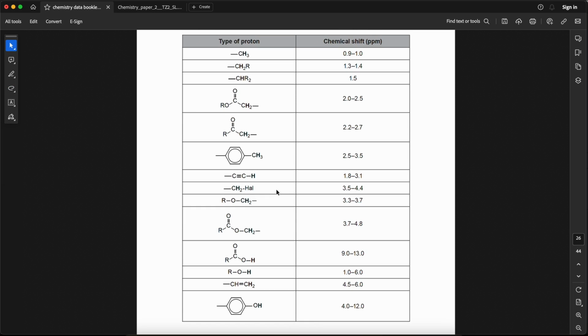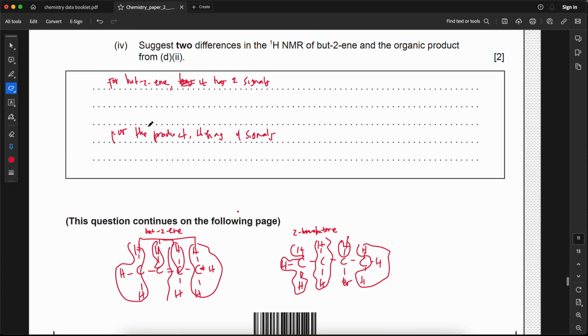So for but-2-ene, it will be at 4.5 to 6 ppm because it has a double bond. And for the product, that would be 3.5 to 4.4 because it is attached to the bromine, right? So it's a halogen. So that's another difference. We need to find 2 because the mark is 2.